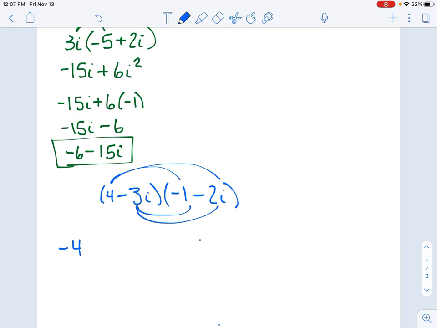I'm going to do this part in my head. First, outsides, insides, last. I know that becomes -6. Combine the rest of my like terms.